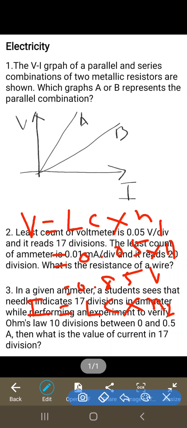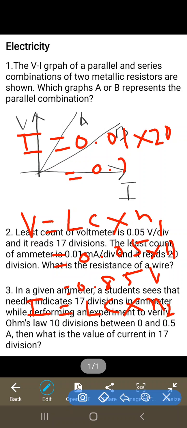So for 20 divisions reading by the milliammeter, I will be equal to 0.01 multiplied by n2, which is 20. So 0.2 milliampere.